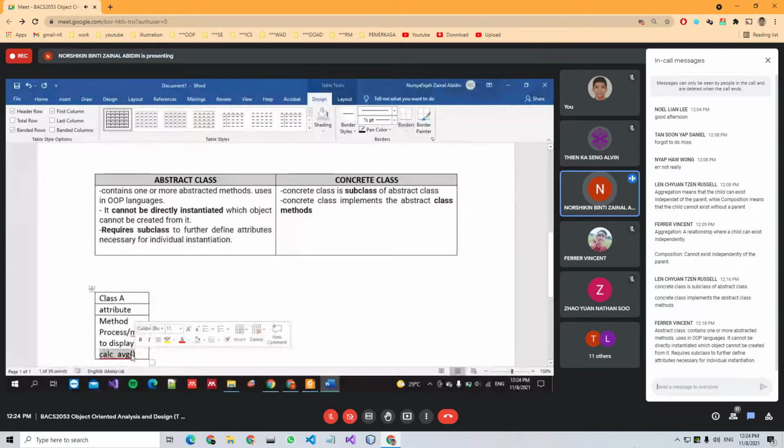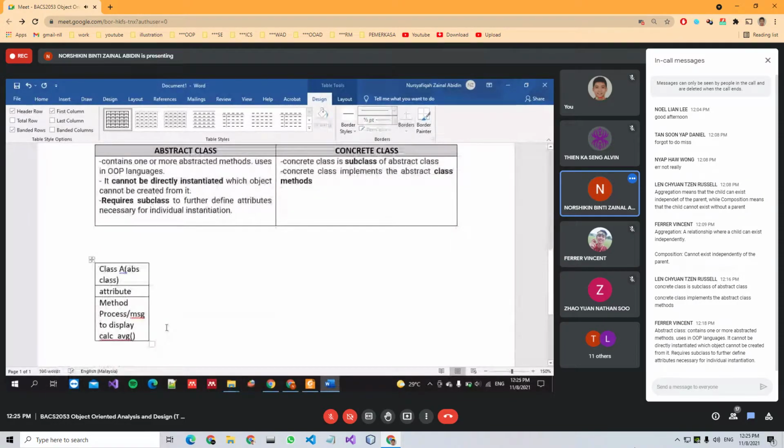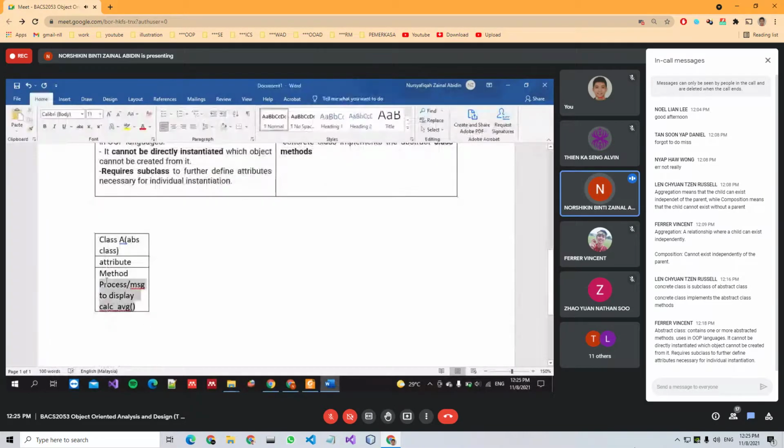Your concrete class will inherit, or implement, this one from the abstract class. They will inherit or perform this. That is a method. Method is here in this part.